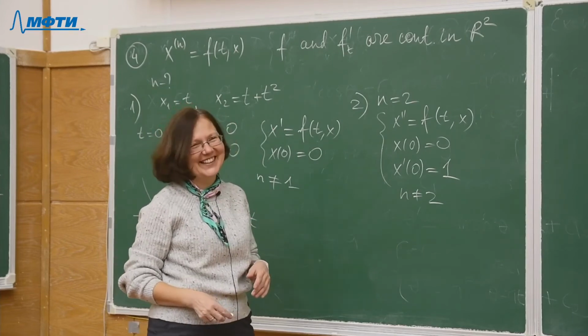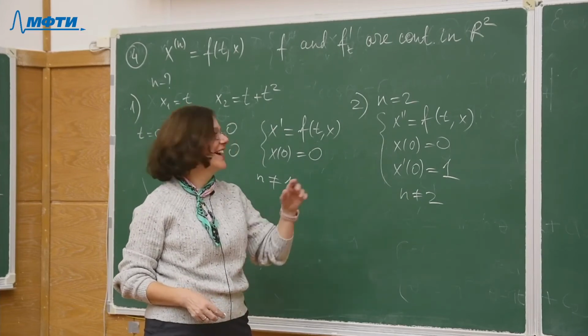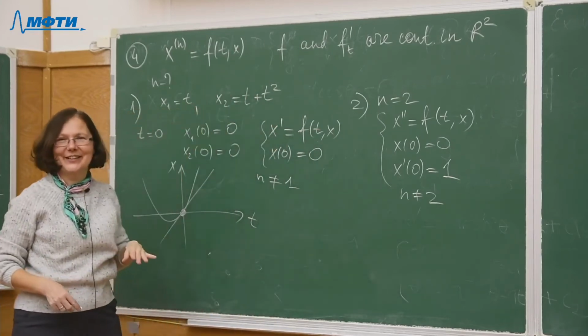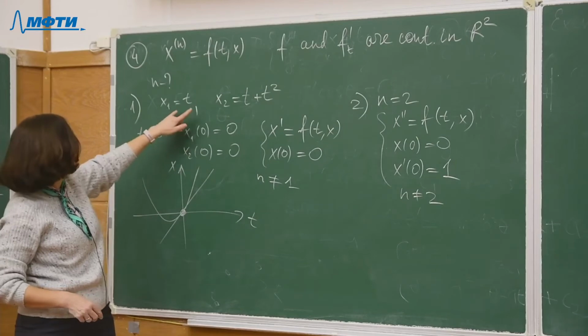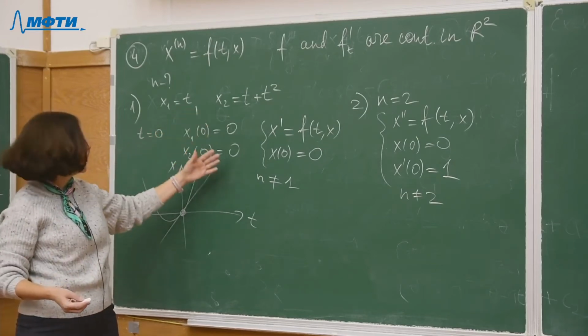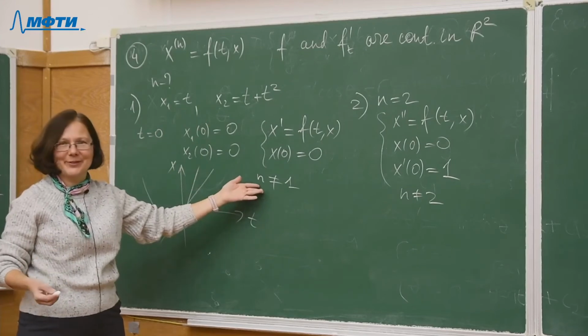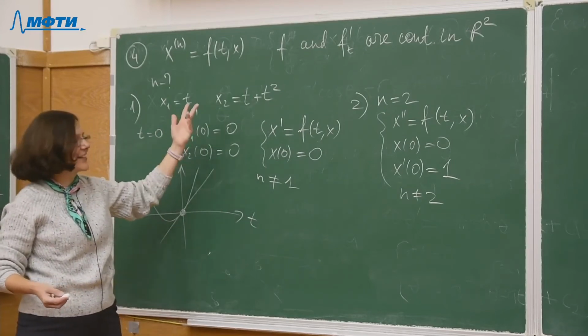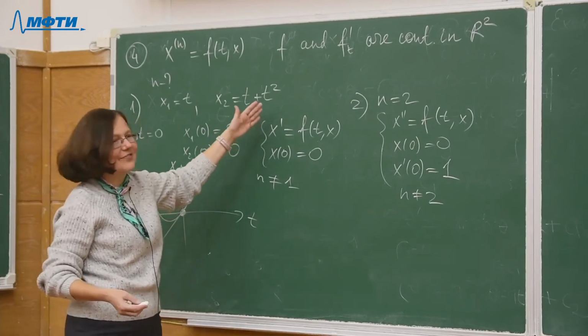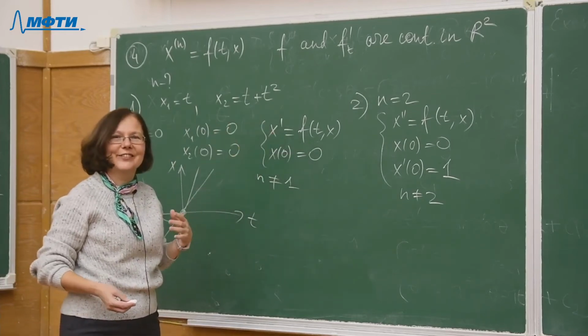Is it difficult to find the order of this differential equation such that these two functions are two solutions? For n equals 1, it is not possible. These two functions can't satisfy this initial condition.